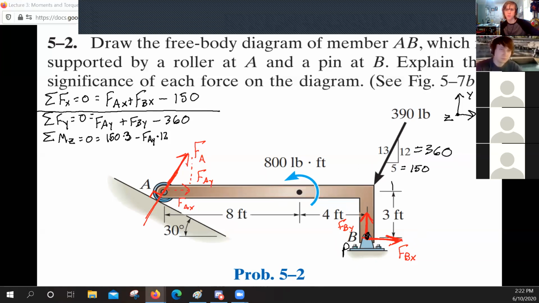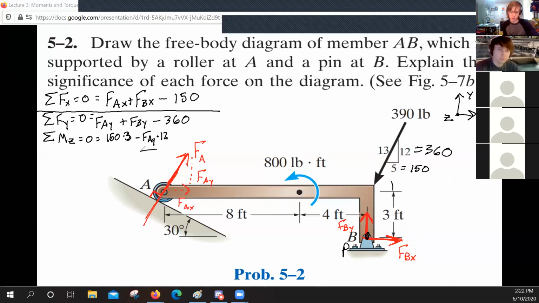So which one of these forces do we not have in our moment equation, but does not pass through the pivot point that we've chosen?